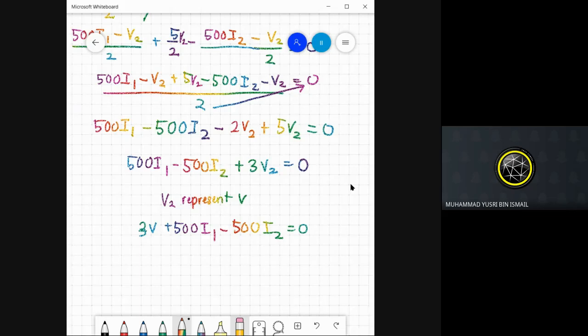So the voltage V will be equal to minus 500 I1 plus 500 I2 divided by 3.